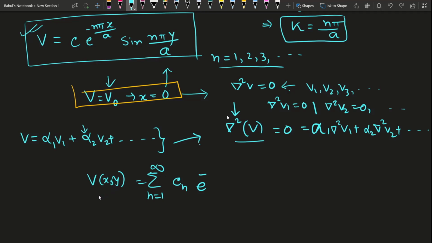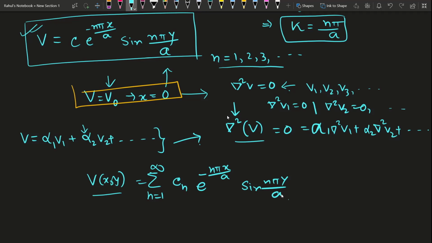That means I can express v like this: e to the power minus n pi x over a, sine n pi y over a.